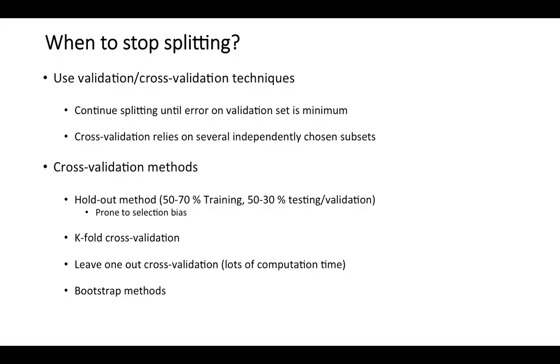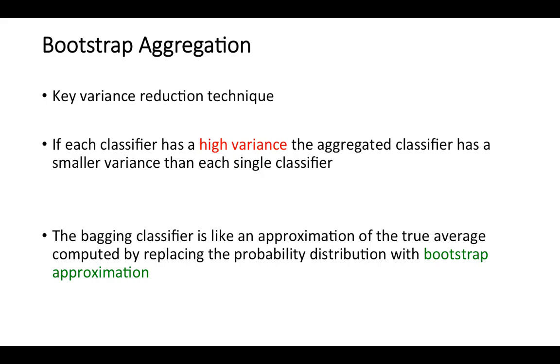There are several cross validation schemes that we saw. Last time we saw one of the very good ones, leave-one-out cross validation, LOOCV, right? Or you can use k-fold cross validation, or bootstrap methods. We can use all of these with this tree, right?